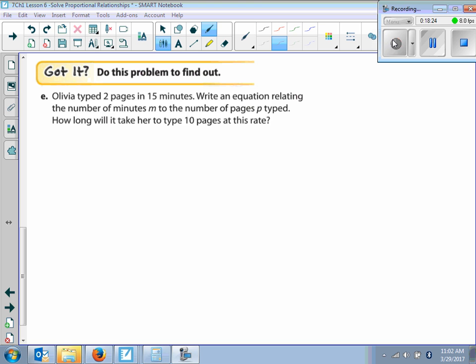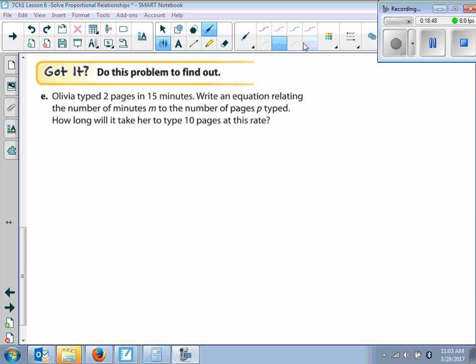All right, so in this last example, it says Olivia typed 2 pages in 15 minutes. Write an equation relating the number of minutes, M, to the number of pages typed, P. How long will it take her to type 10 pages at that rate? Okay, so the first thing we're going to do is write our original rate.